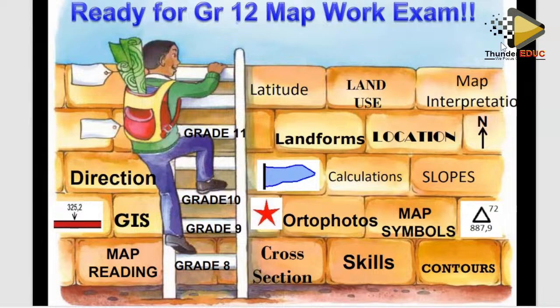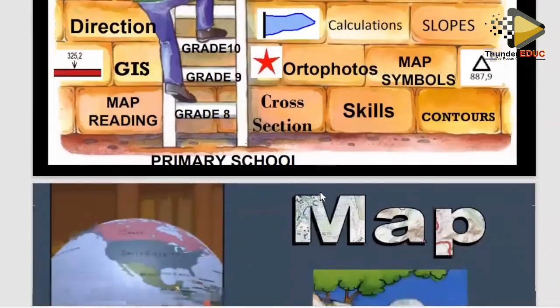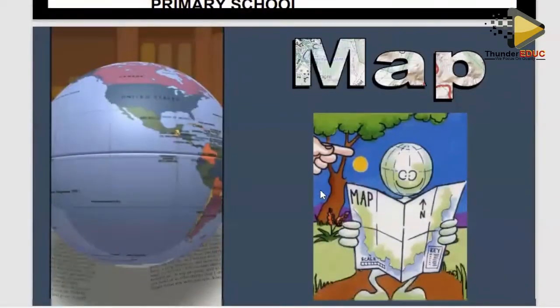Some of the skills indicated here: concepts of latitude, land use, map interpretation, location, landforms, slopes, orthophoto maps, map symbols, cross sections. Those are some of the basics of map work.